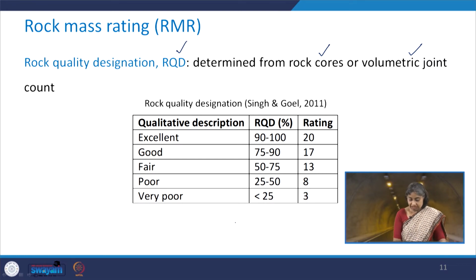So, the qualitative description for that is going to be good, and you can assign the rating of 17 for that type of rock mass. Similarly, if you have the poor category, then the rating is going to be 8. So, you see that as the quality of the rock mass degrades in this direction, the rating that is assigned to this parameter RQD is also reducing.